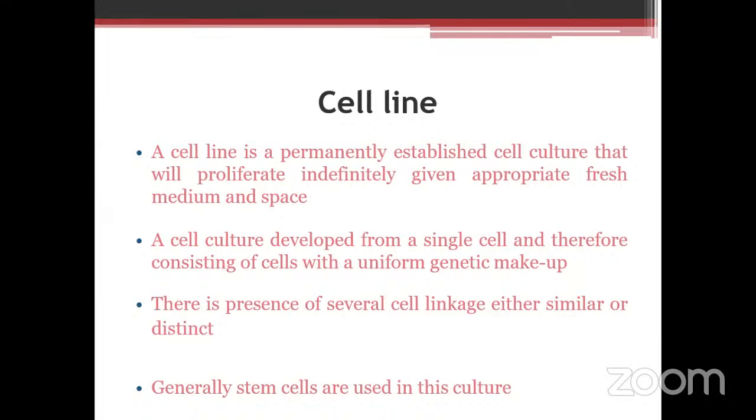There is also the presence of several cell lineages, either similar or distinct. So between cell lines also, we can see some similar types and some may be distinct. And stem cells are usually used in this cell line culturing.